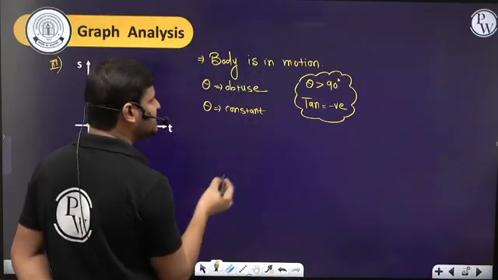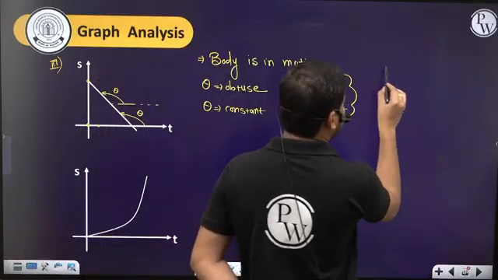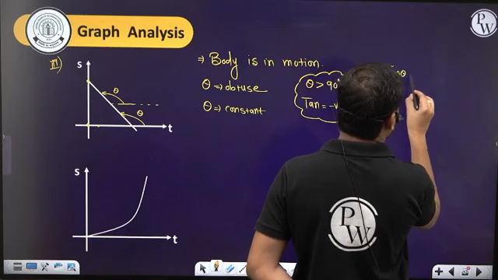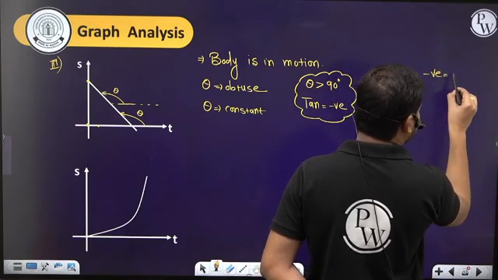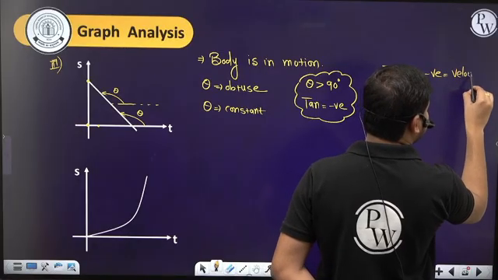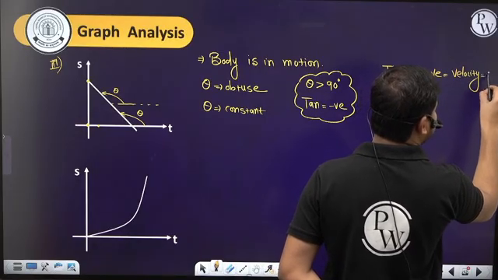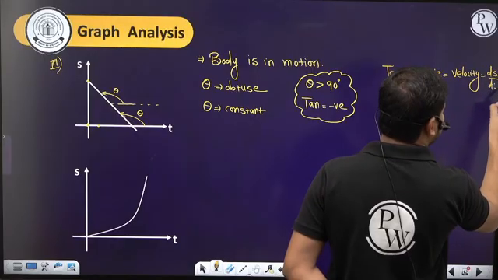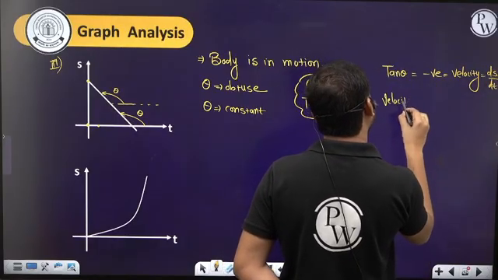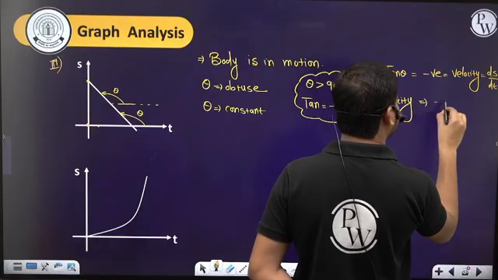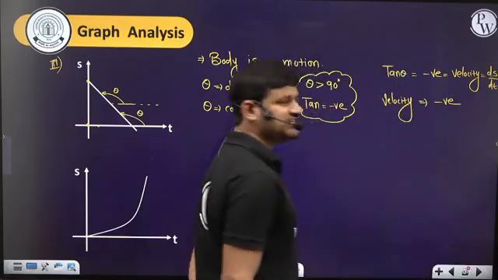So if the tan is negative, the tan theta here, which is nothing but the slope, which is ds by dt, is negative. So here the body's velocity is negative. The body is moving with a negative velocity here.